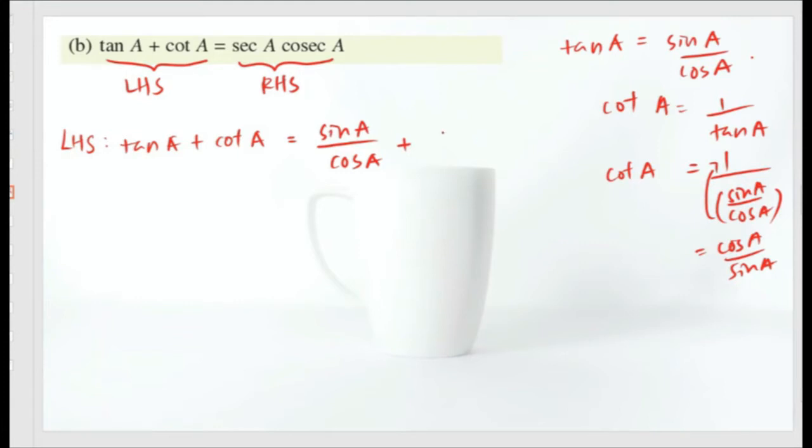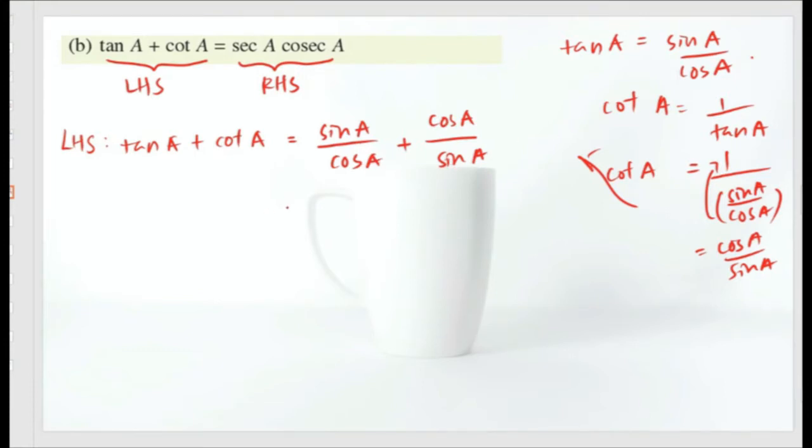But if you are already used to it, you can straightforwardly write it down. Cotangent is the converse of tangent, so it's cos A over sin A. So from here, sin A over cos A plus cos A over sin A.